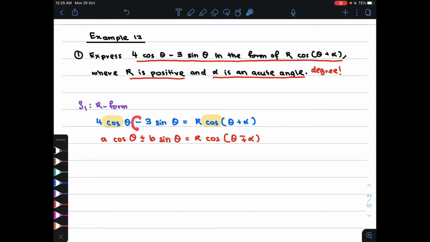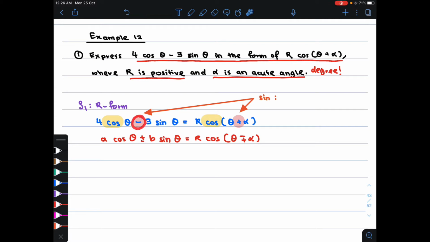If we have negative here, how do you know whether this is minus or plus? The answer lies here, whether it is cos or sine. If this is sine, therefore this is also sine, and you will always follow the sign here.